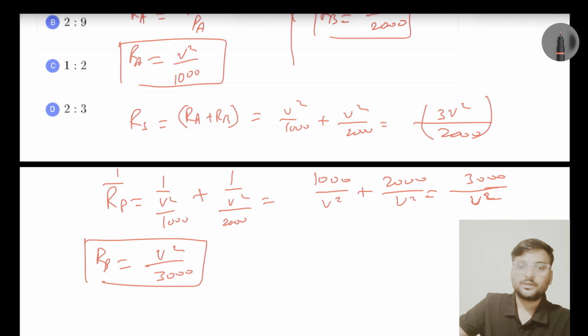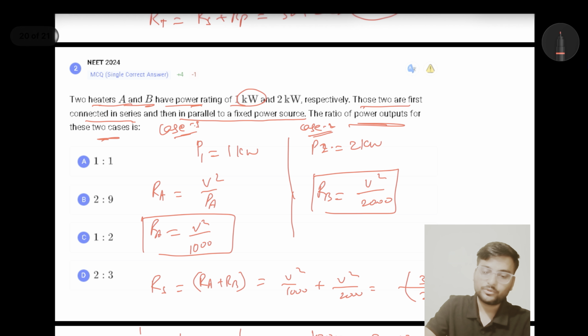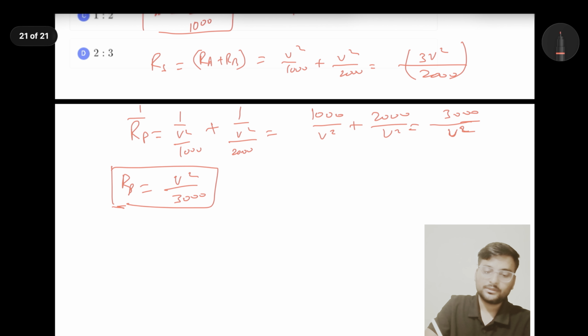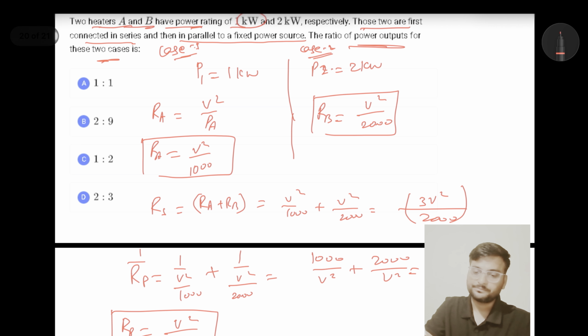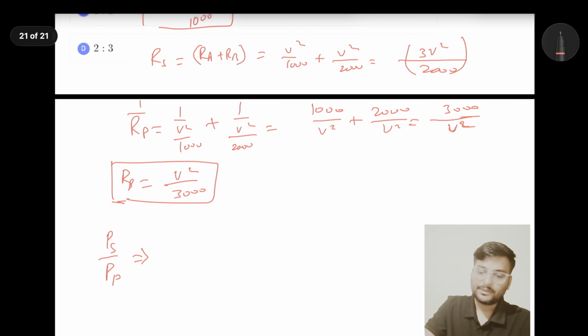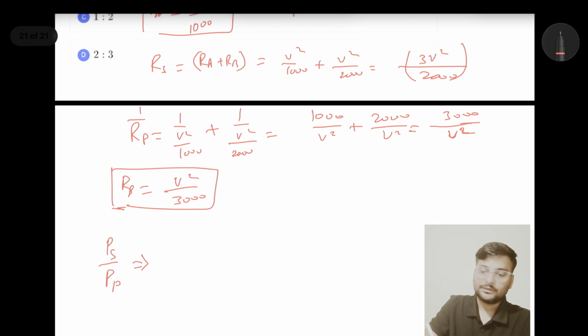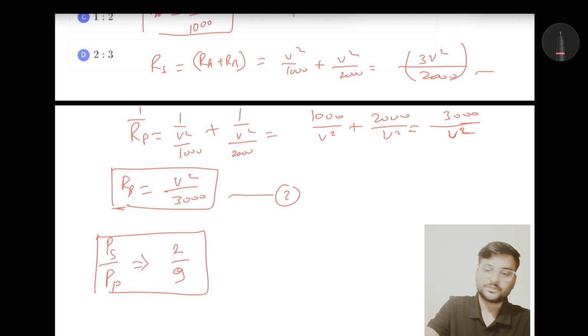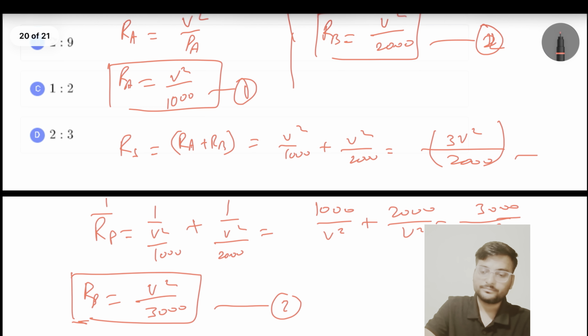Now what is the question asking you? What is the ratio of power output, series in parallel. So the ratio of series and parallel, this is P series by P parallel. So whenever we write P series and P parallel values, what can we say here? If you divide, its value comes out to be 2/9. Whenever you divide this second equation and first equation, the first equation this one and second this one, you are getting the value of series and parallel.